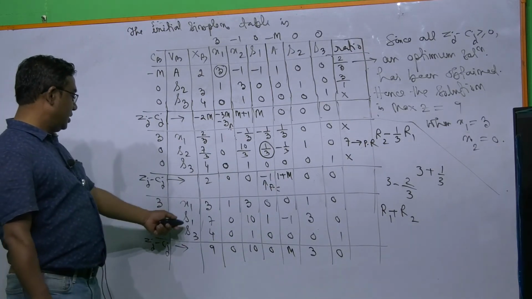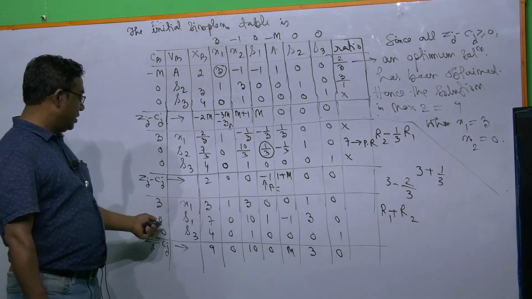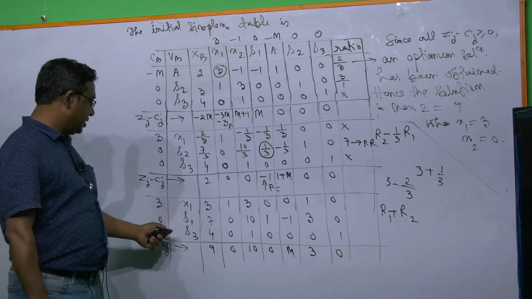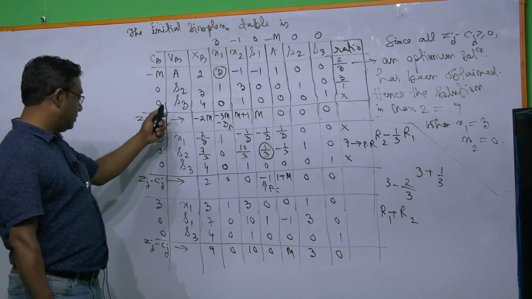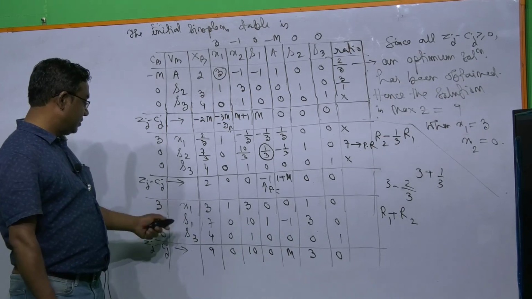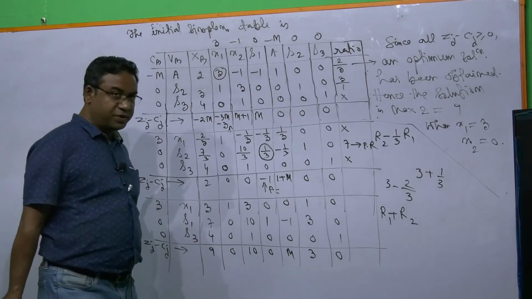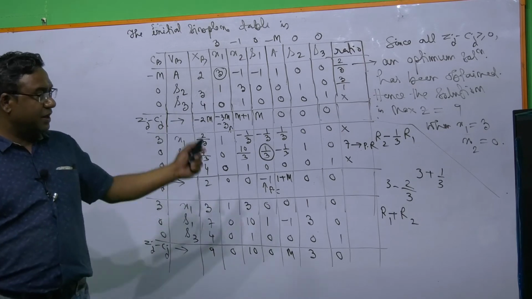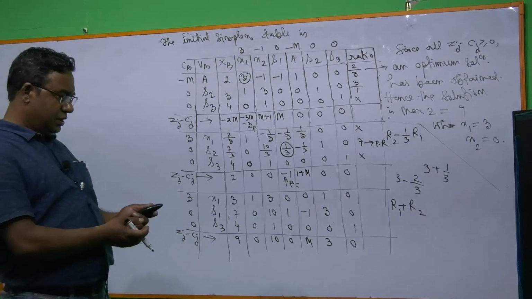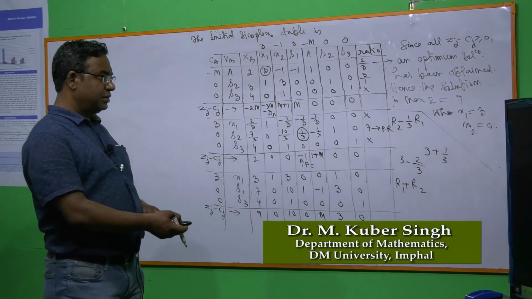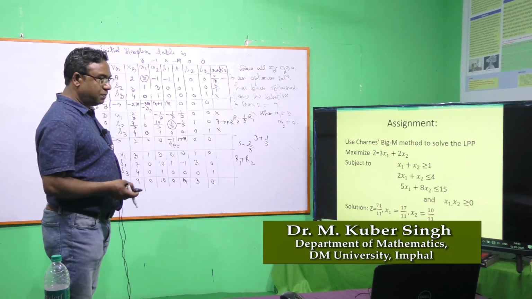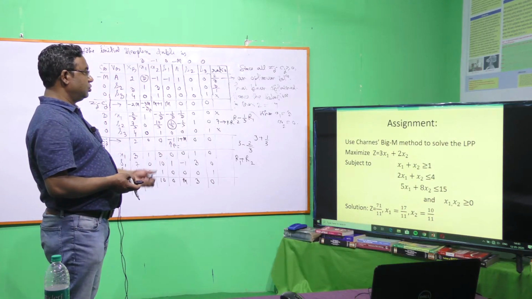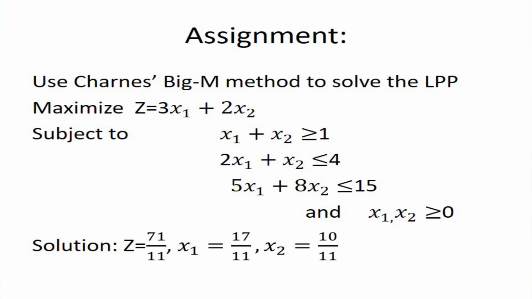If the artificial variable again appears in the final basic solution, then the given problem has no feasible solution. This is the method. So you try one problem. You try to solve this problem by using this method. The solution is also given, so you check the solution.